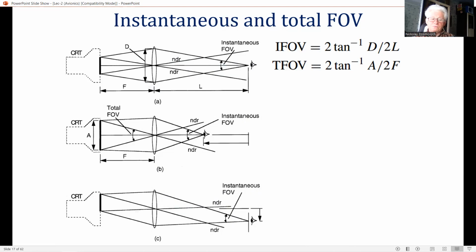The total field of view is the total angular coverage of the CRT imagery, which can be seen by moving the observer's eye position around.